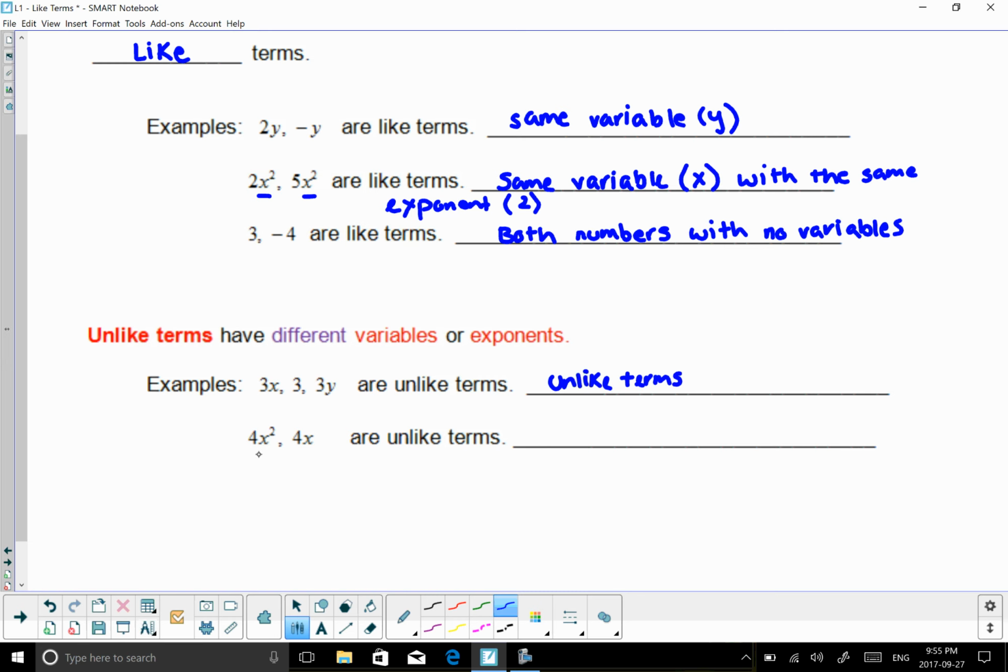And here, these are also unlike terms because there's an x squared and an x. So this one doesn't have the squared to be the same as the other one. So they don't both have the same exponent.